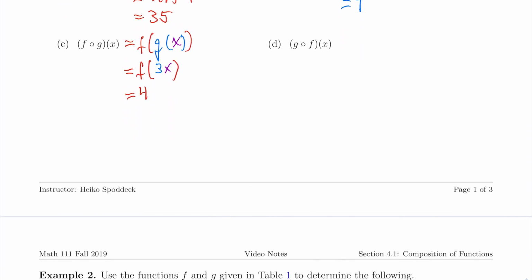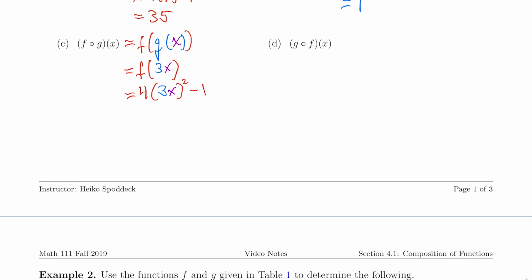So I get 4 times, and now this is my x. My x is 3x in this case, squared, minus 1. So clearly I will not get a number as an output, but I will get a recipe that's a little easier to use in the end.